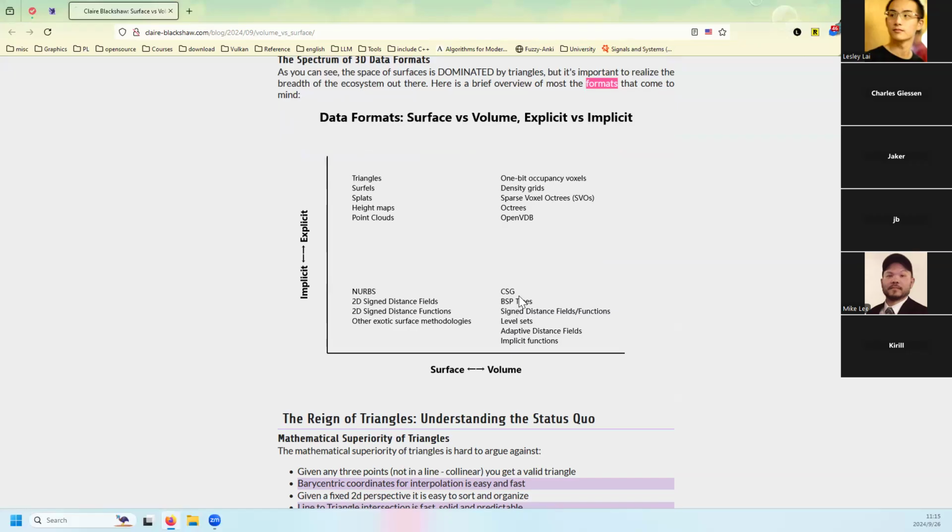Binary space partition? Oh, okay. But I didn't think it was implicit. I'm familiar with BSPs from Quake and Doom, the original ones.